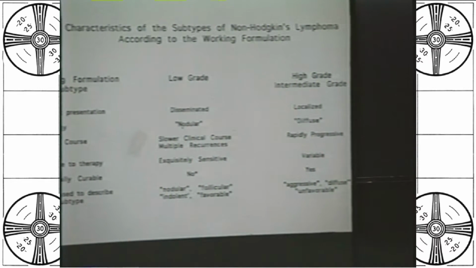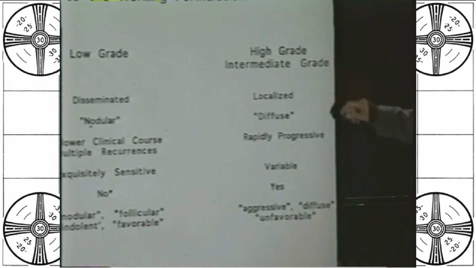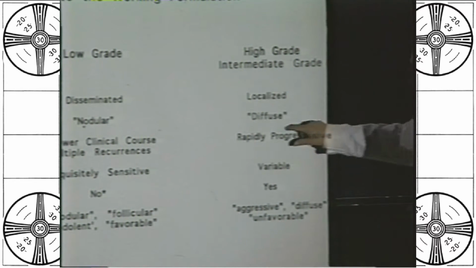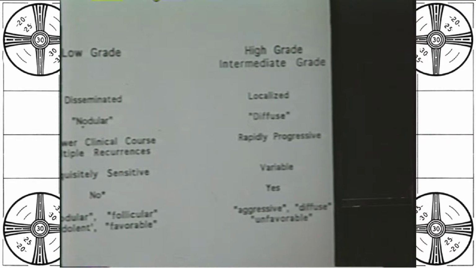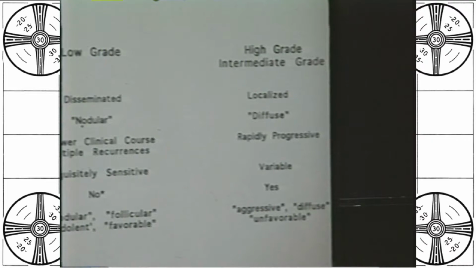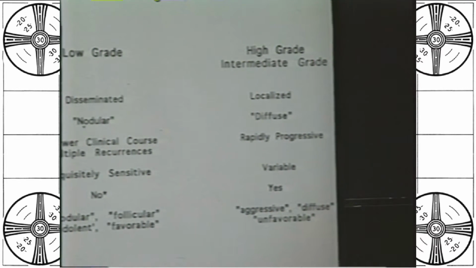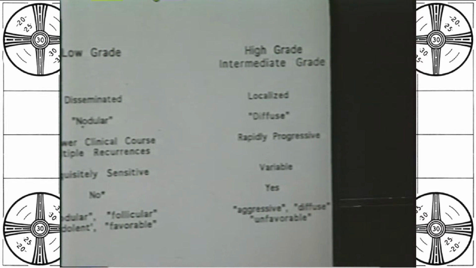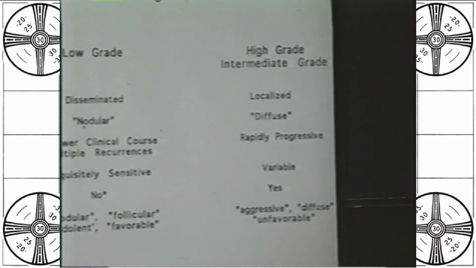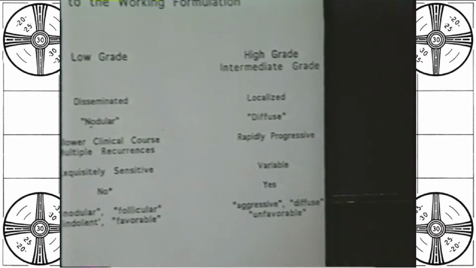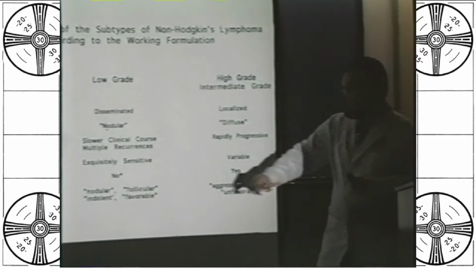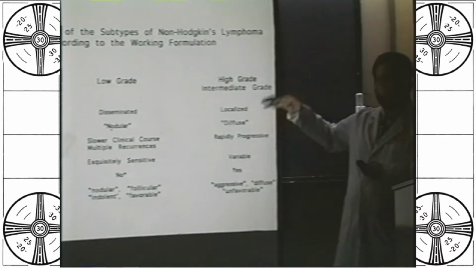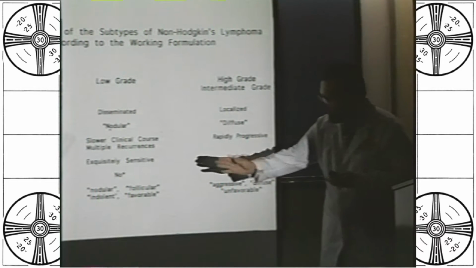Why? Because high grade and intermediate grade lymphomas are rapidly progressive. This is the patient that develops a lymph gland a few days or a few weeks ago, starts losing weight, feels lousy, develops organ failure because he has dissemination to the liver or to the bone marrow. This is a different disease. These patients quickly deteriorate, and when people diagnose this, they say, hey, at least it's not a high grade, it's better, but it doesn't mean that it's a good disease.